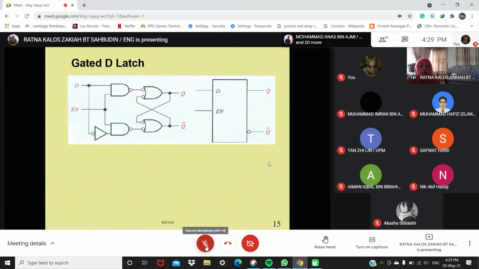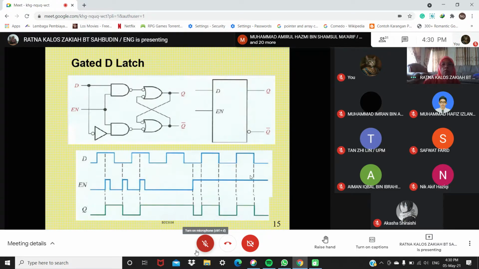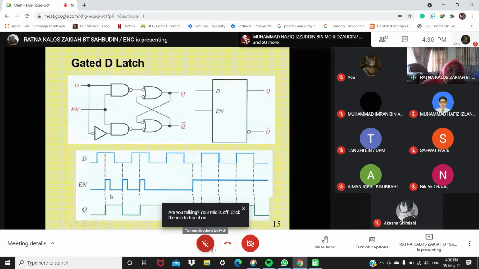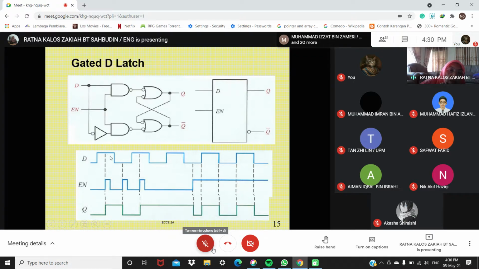Now this is another example for the latch. Look at here. This is when enable is high, and also here. So remember, Q follows D when enable is high. So here is low, so you have low. This part is high, so it becomes high. But enable is low, no change, so it continues to be high until the next enable here.